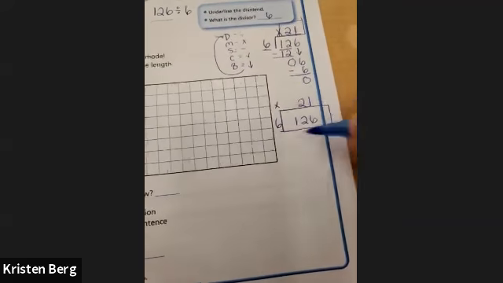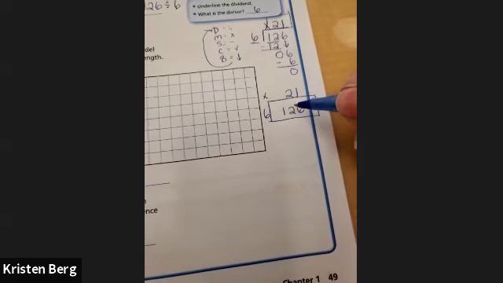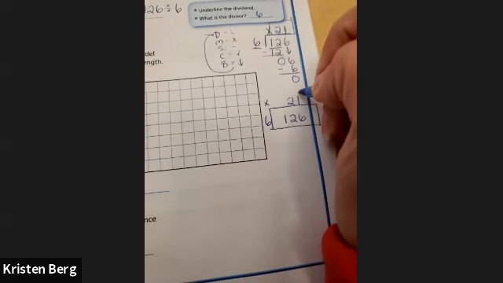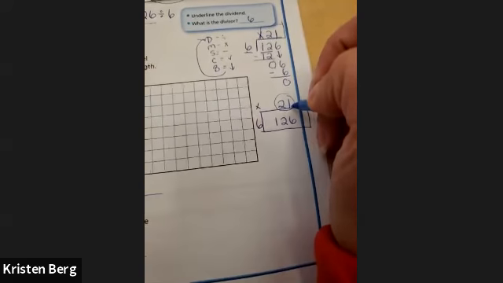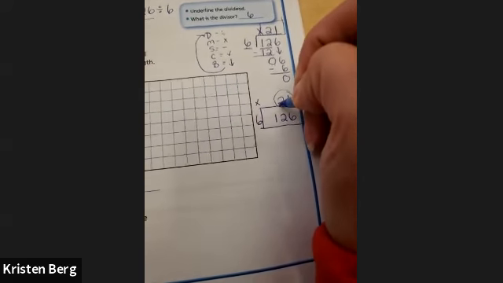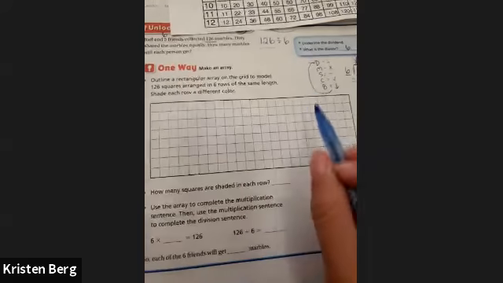So this is the array that you're going to be seeing. But what they can do is separate 21, because there is a number in the ones place and a number in the tens place. Over here, what they wanted you to do is to first make an array of 21 by 6.